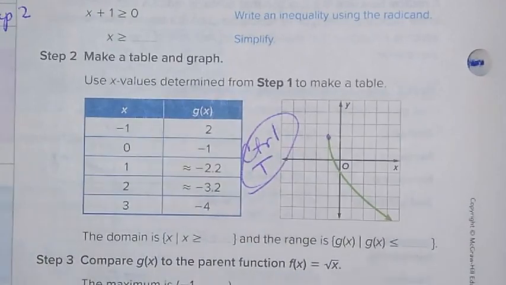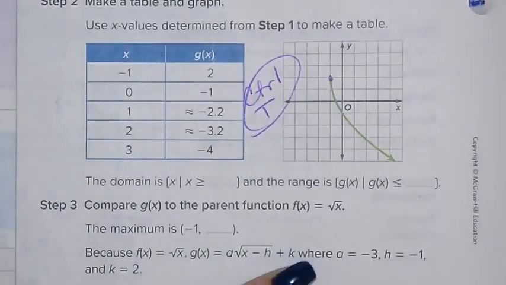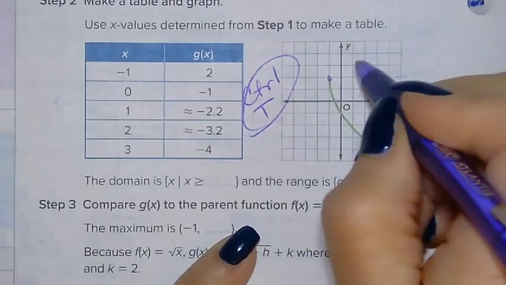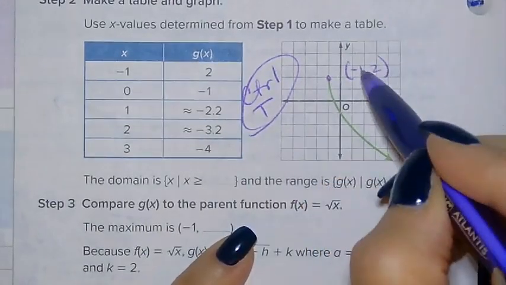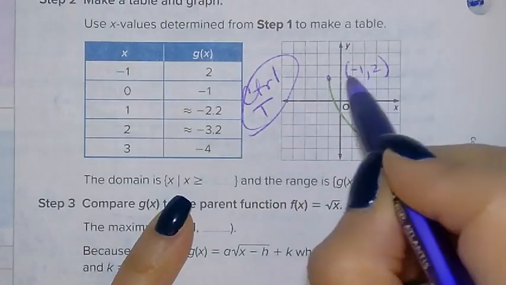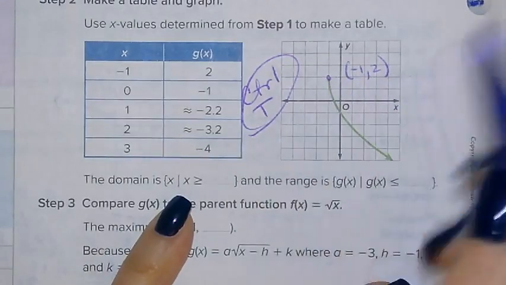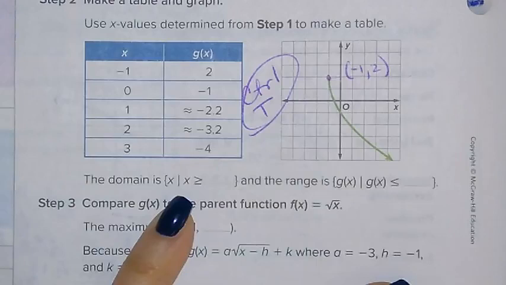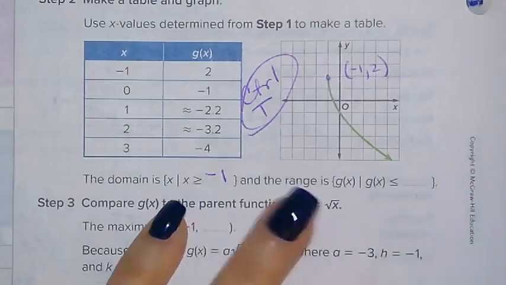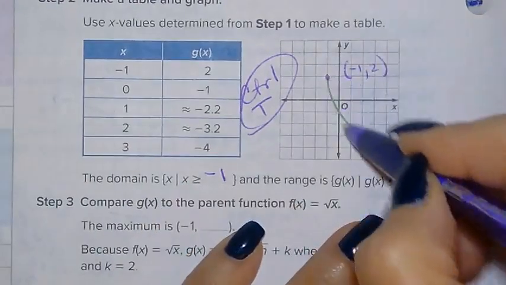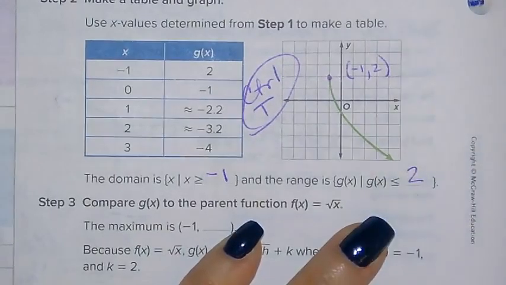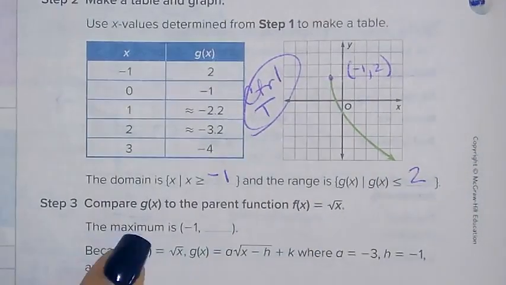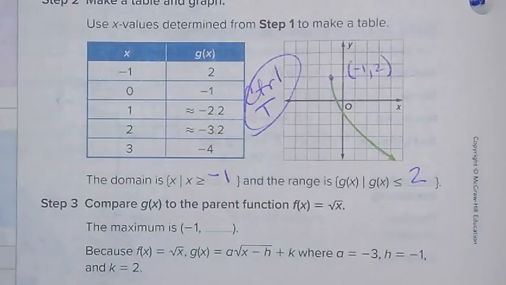But looking at the graph, our H, K is -1, 2. So that means our domain is to the right of that because it's going this way. So it's greater than or equal to -1. Our range, since it reflected, is less than or equal to 2. I wouldn't call that a maximum, but they do. Okay.